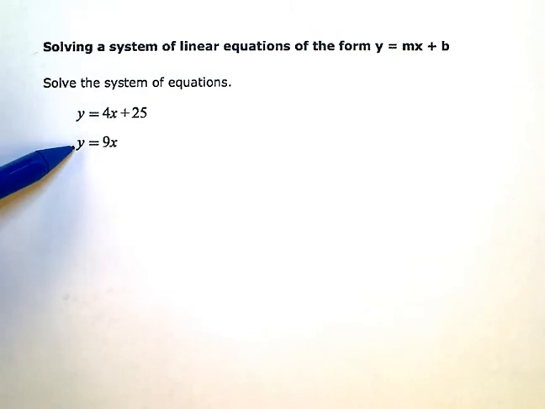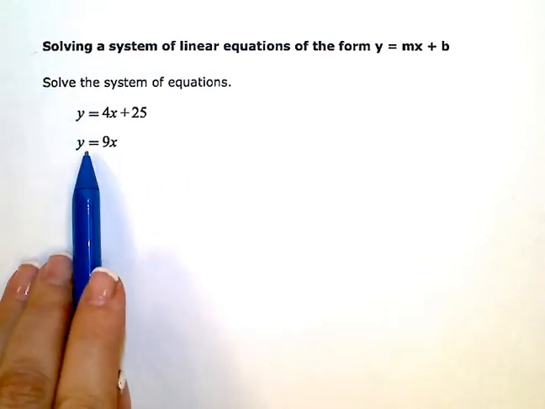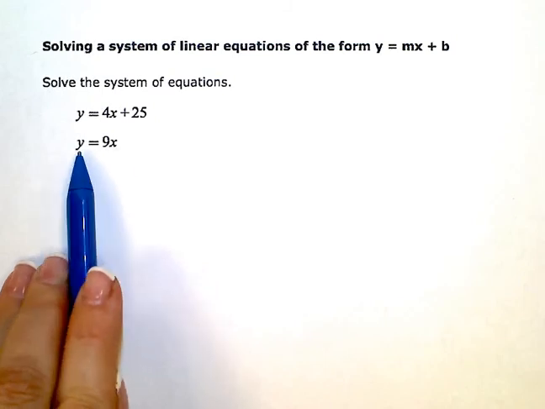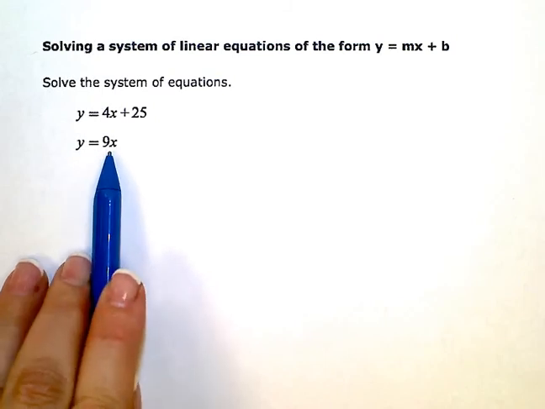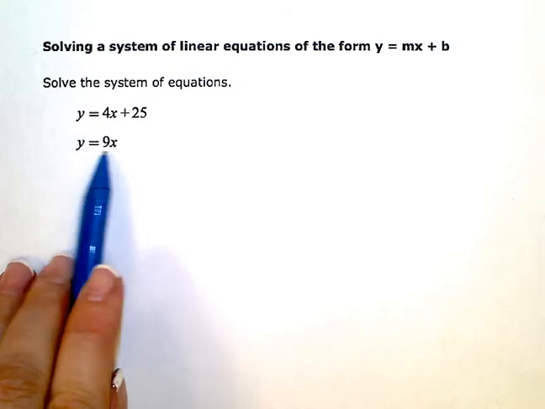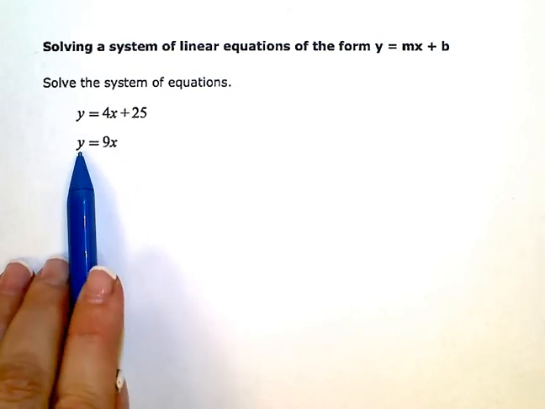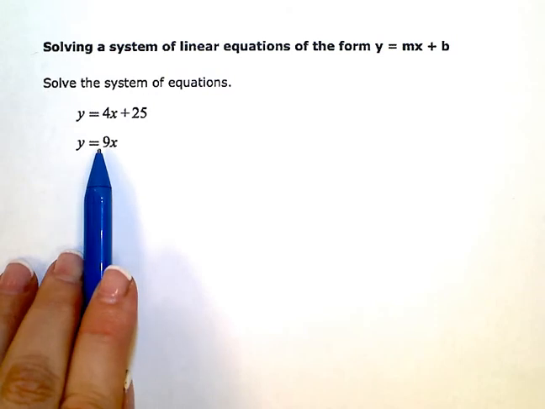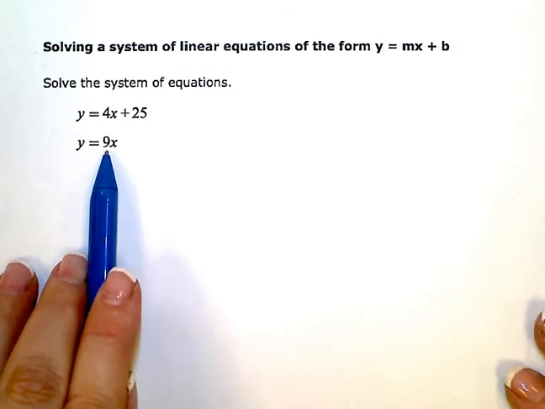So when we have an equation, y equals 4x plus 25 or y equals 9x, that just means if these two expressions, the y and the 9x, are equal to each other, then they're interchangeable. We can substitute one for the other into other equations.